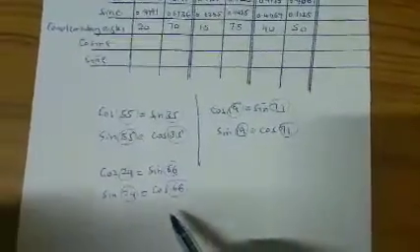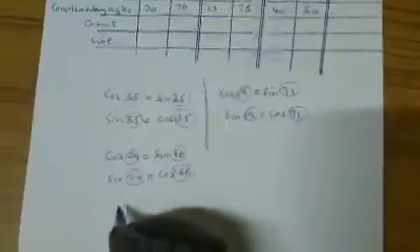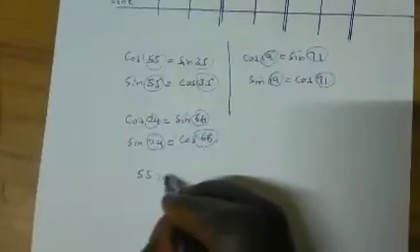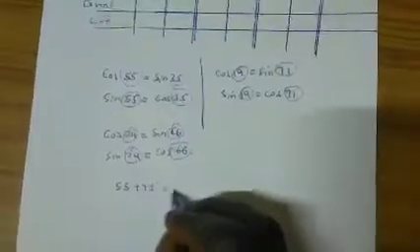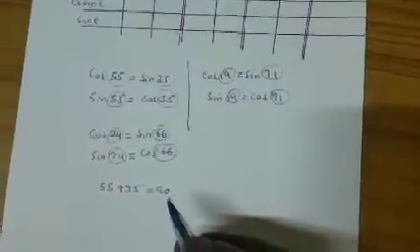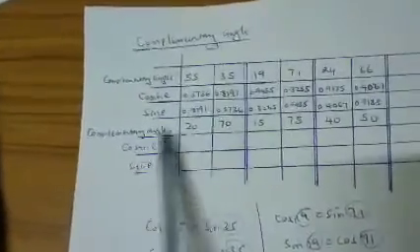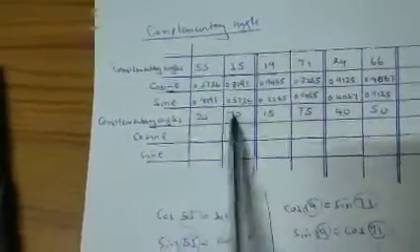There's a common thing about these angles. The common thing here is that 55 plus 35 is equal to 90. Therefore, if two angles add up to 90, that is complementary angles. That is the meaning of complementary angle: those two angles which add up to 90.